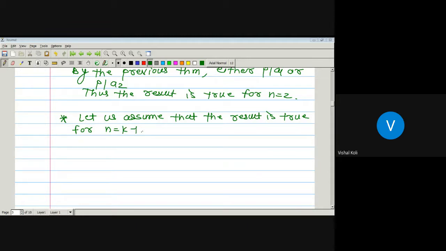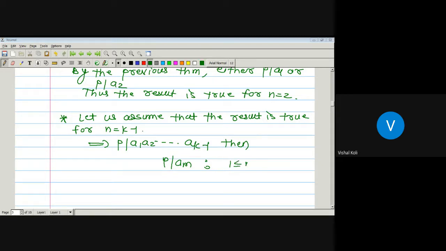It means whenever P divides A1 times A2 times and so on up to A(k minus 1), then P divides some Am for m lying between 1 and k minus 1. So this will be our inductive step.